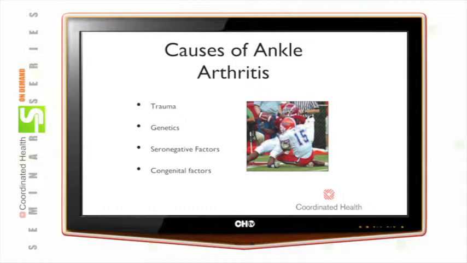But typically it's the wear and tear associated with the position that you may be working in for many years, the sports that you played, the activities that you do on a routine basis, and sometimes good old-fashioned hereditary factors. What is your predisposition to getting arthritis, and how does that cause you to get a loss of joint space?